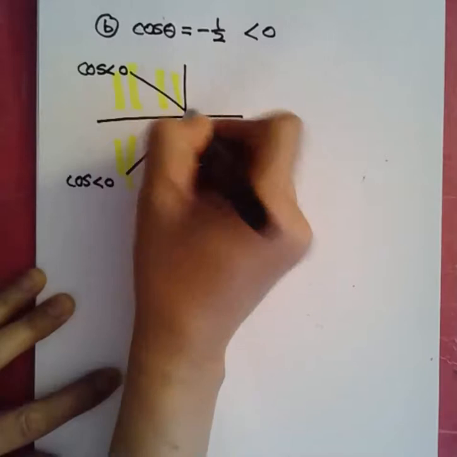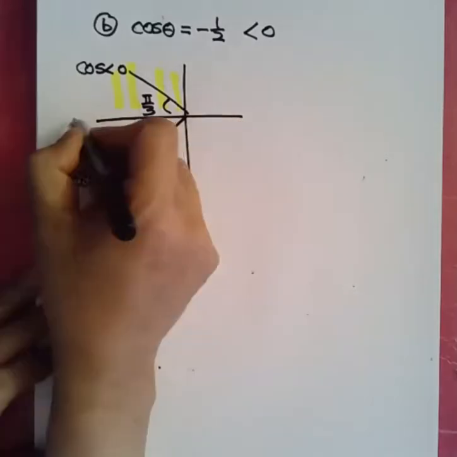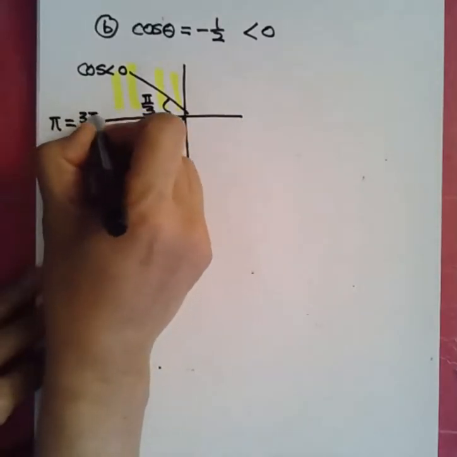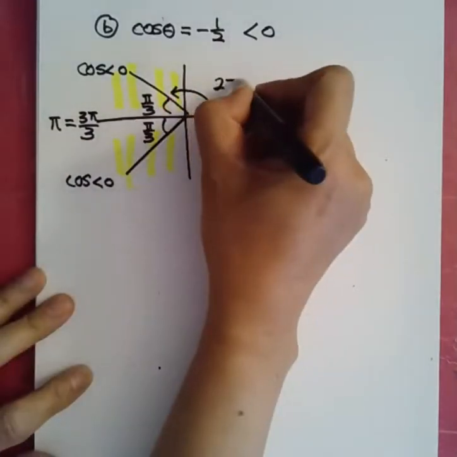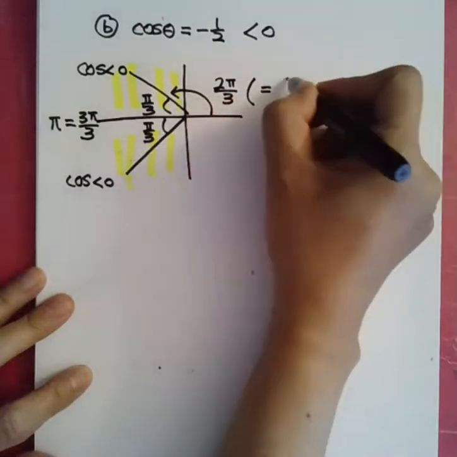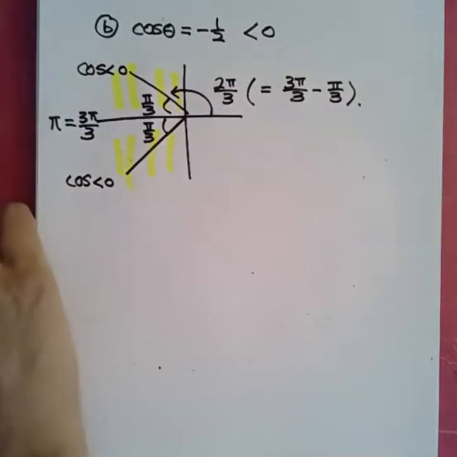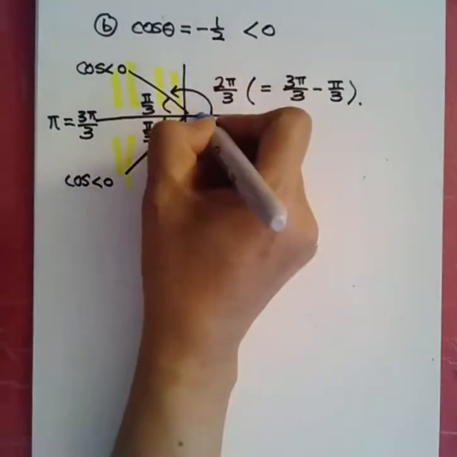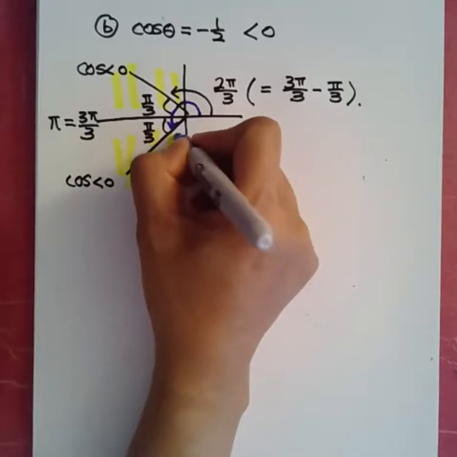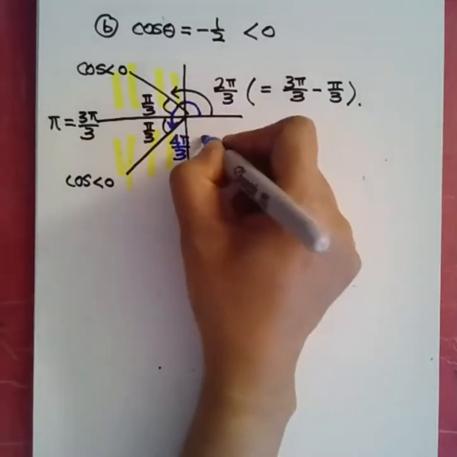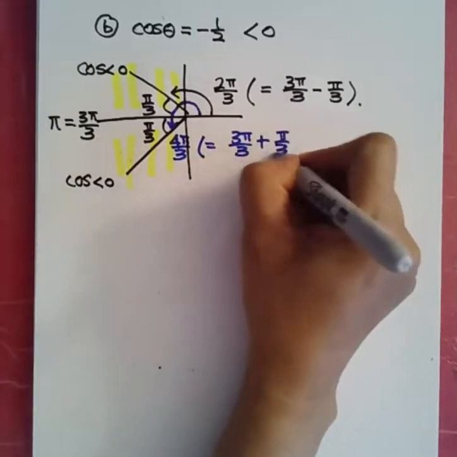We already calculated the reference angle, which was pi over 3. This is pi, that is 3 pi over 3. So this angle will be 2 pi over 3. That comes from 3 pi over 3 minus pi over 3. For this angle, you will have 4 pi over 3 from 3 pi over 3 plus pi over 3.